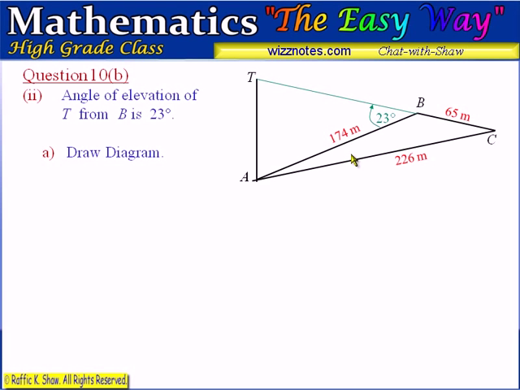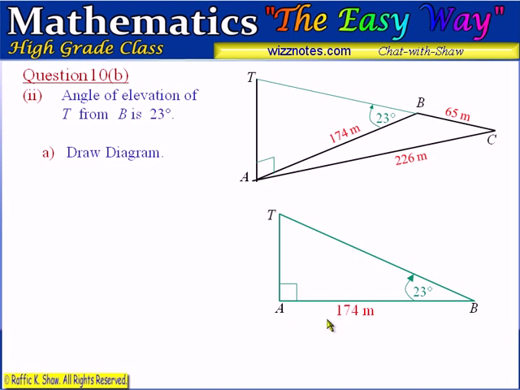That angle is 23 degrees, and we have to remember that because AB is horizontal and TA is vertical, the angle between this vertical and this horizontal here is 90 degrees, and therefore what we have here is a right angled triangle. And if we isolate that triangle and take a side view, this is what we will see. A is here, this TA represents the tower.